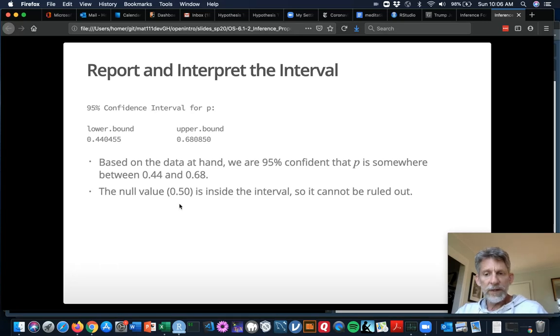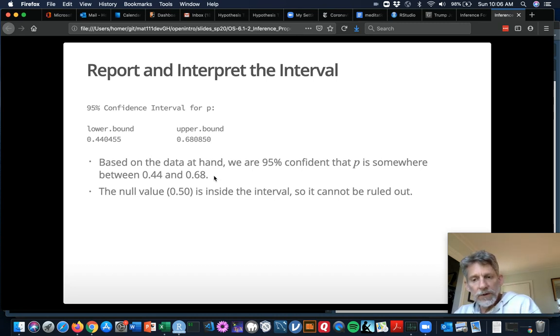Now, what does that mean for our research question? Our research question is, are a majority of Georgetown College students female? Well, the cutoff value between majority and minority, that null value, is inside of this interval. There are values less than 0.5 in the interval, and there are values more than 0.5 in that interval. There are minority female values.